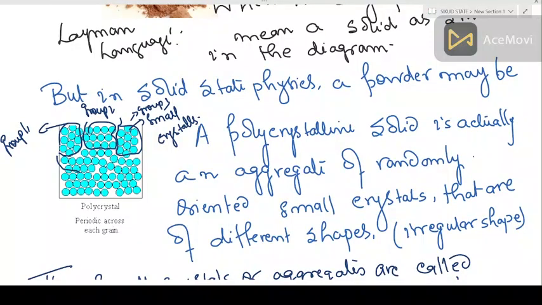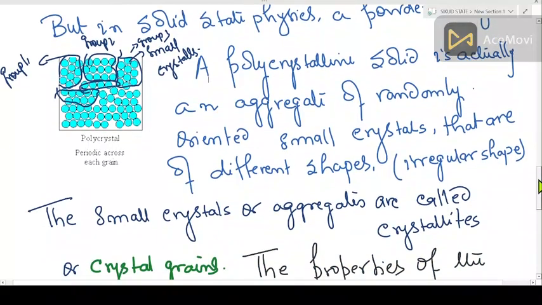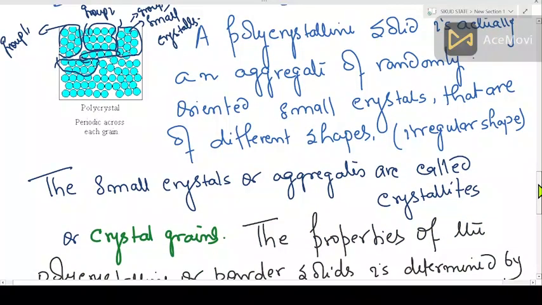All these shapes that are formed by the groups of small crystals are different from each other, and they are irregular in shape. These small crystals or aggregates are called crystallites or crystal grains. And the edge that differentiates this grain from this grain is called the grain boundary.